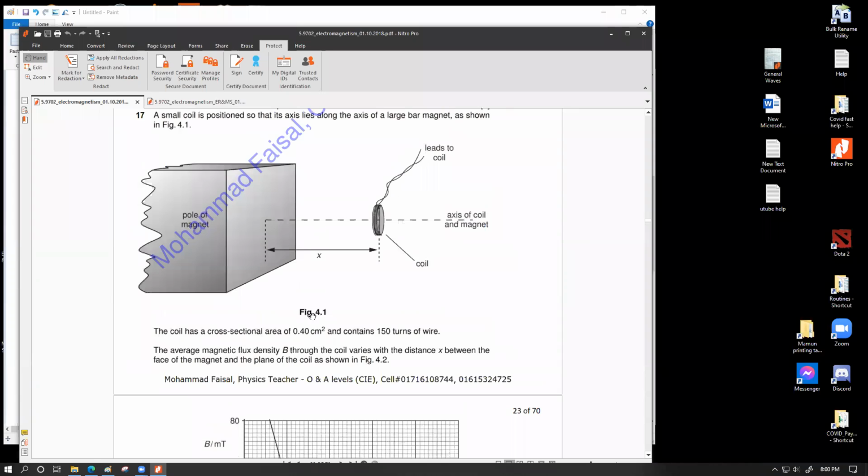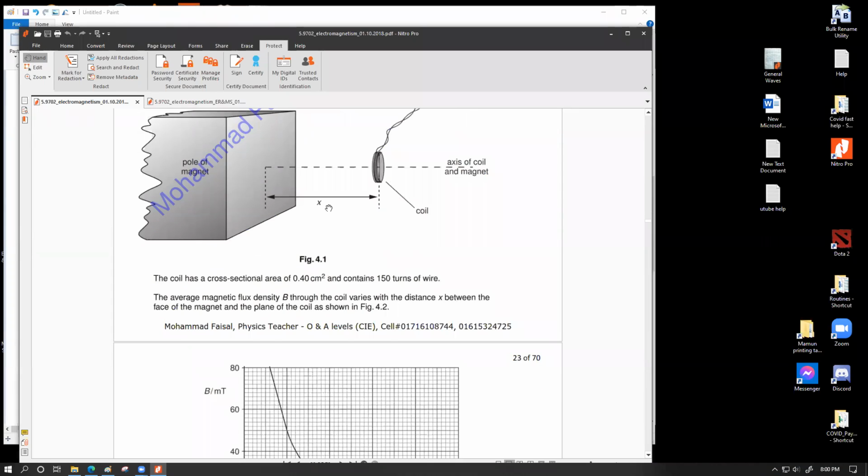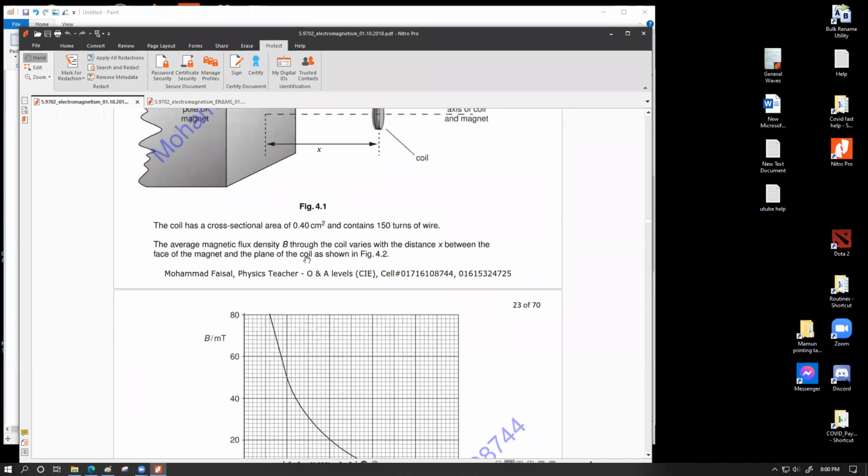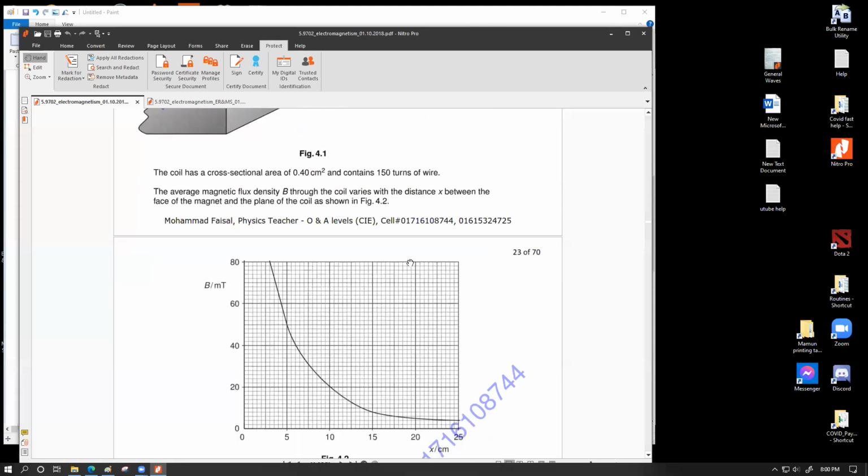The idea of this question is that we have a pole of a certain magnet over here, and we have a coil that is over here. This is the axis of the coil and magnet, and this is the distance from this pole. The question is showing us that using this coil, the average magnetic flux density B through the coil varies with the distance x between the face of the magnet and the plane of the coil as shown in figure 4.2.